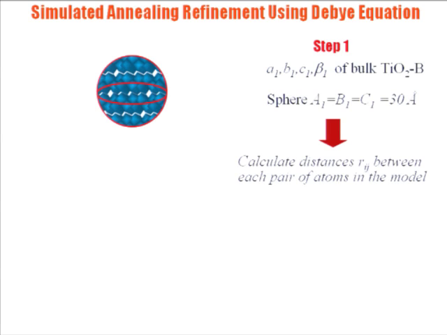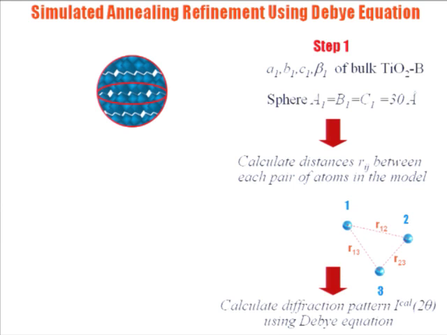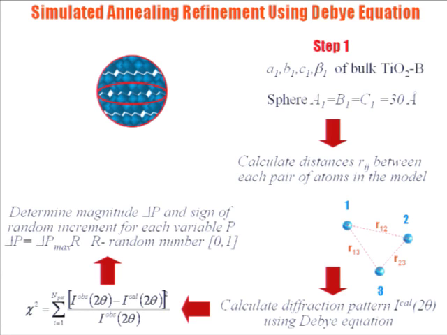So we cut out this sphere, calculate distances between all the atoms in this model. This is just 3 atoms shown. And calculate the diffraction pattern using the Debye equation. Calculate the chi-square, then calculate random increments for the parameters in the next step.